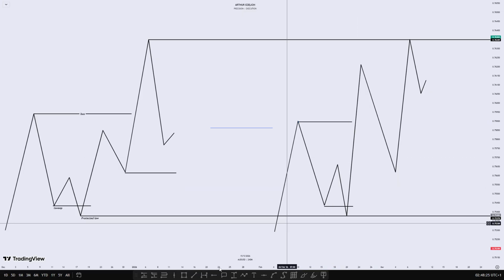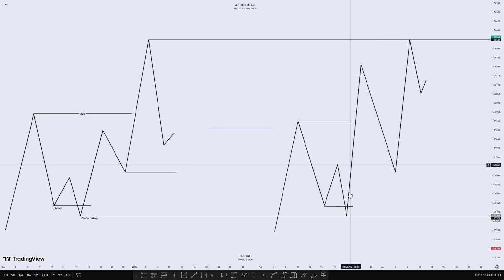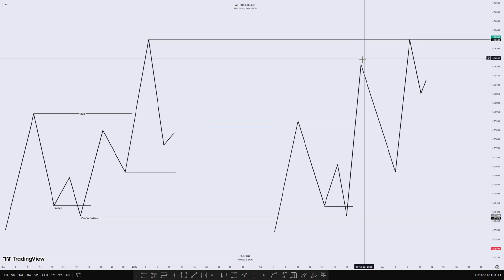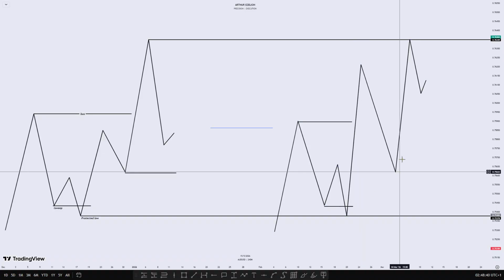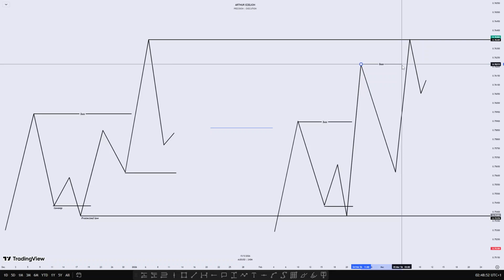Then I want to see some kind of structural or internal liquidity around this point. But in this case, price did not form any internal liquidity. So instead, price came back, retraced, and broke the next structure at this point. We had a second break of structure at this point.